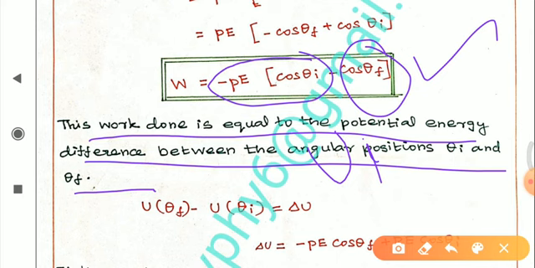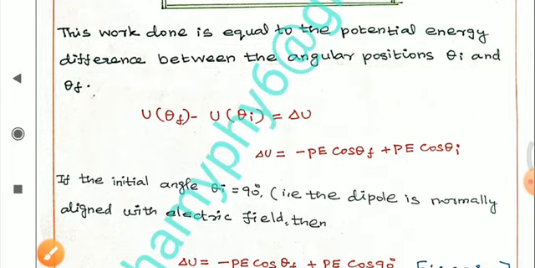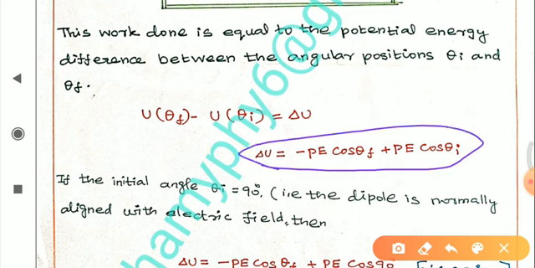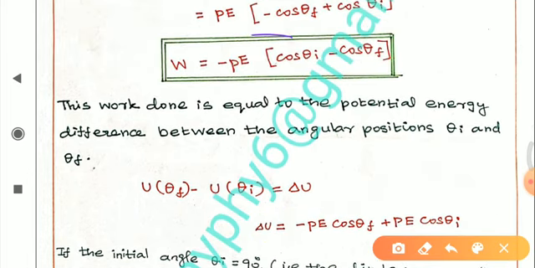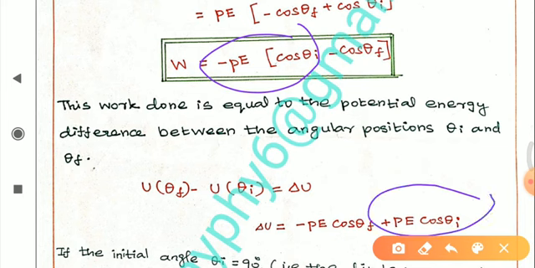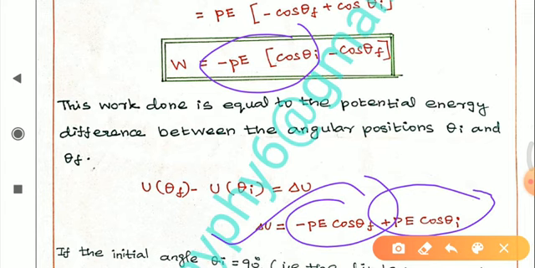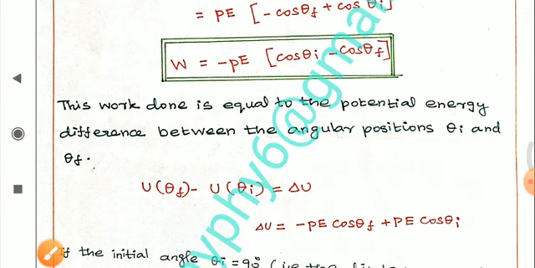So U theta F minus U theta I is equal to the change in potential energy, that is delta U. So here we can write delta U is equal to minus PE cos theta F plus PE cos theta I. That is the previous equation only, we are just multiplying inside: minus PE cos theta I plus PE cos theta F. This is nothing but the change in potential energy.